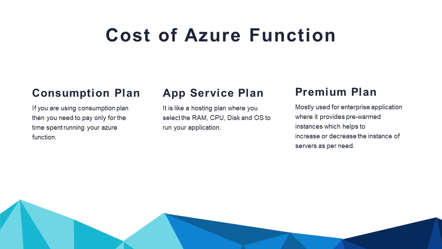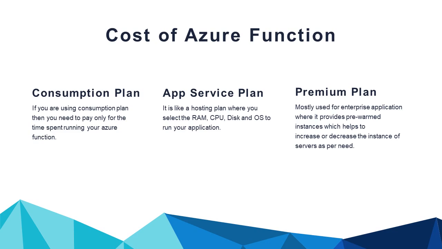How much does Azure function cost? Azure function has three kind of pricing plans. Choose the one that best fits your need. First, consumption plan. If you are using consumption plan, then you need to pay only for the time spent running your Azure function. Second, app service plan.